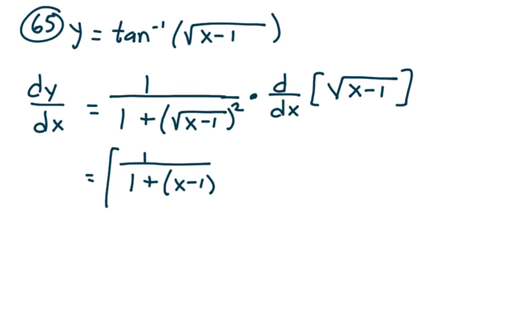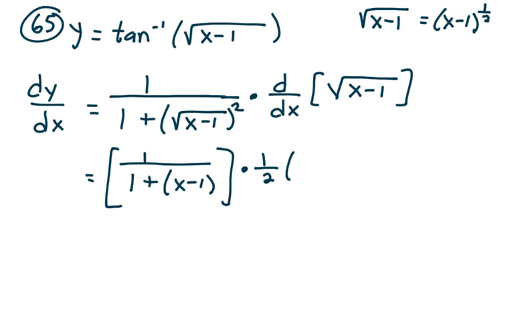And I'm going to take this and I'm going to multiply by, now remember, square root of x minus 1 is the same as x minus 1 to the half. Okay? And so this is going to be multiplied by 1/2 of x minus 1 to the negative 1/2 times the derivative of the inside function, which in this case will be x minus 1. So we're going to multiply by the derivative of x minus 1 with respect to x.